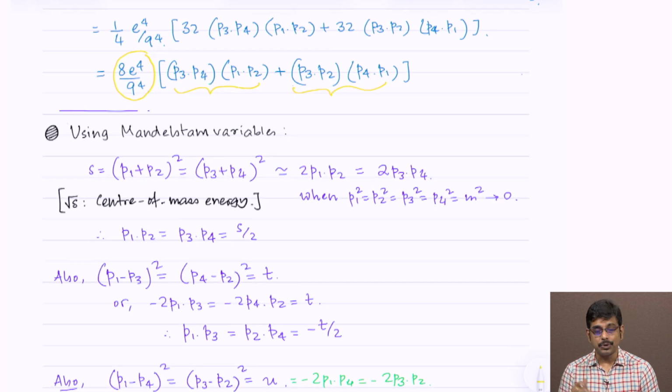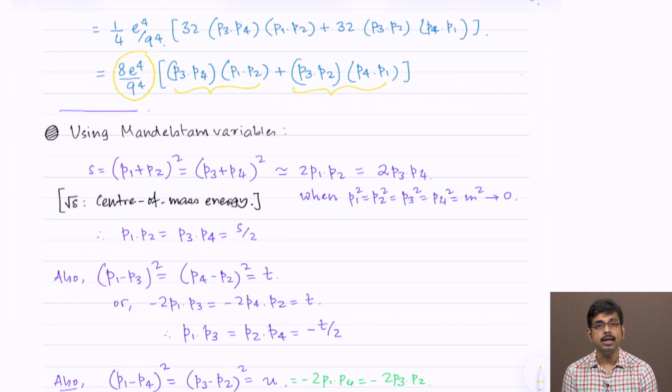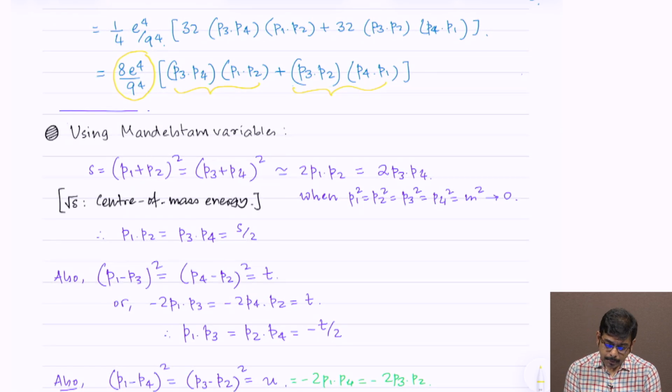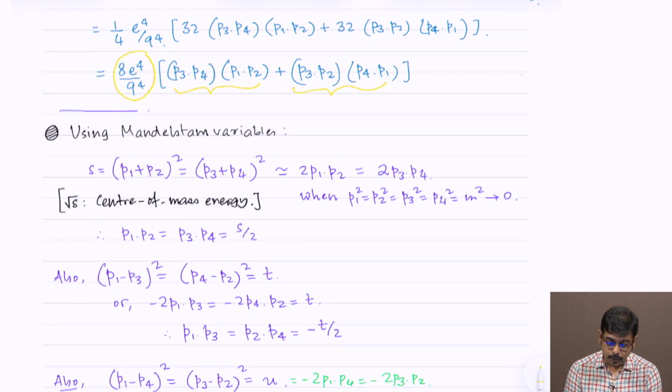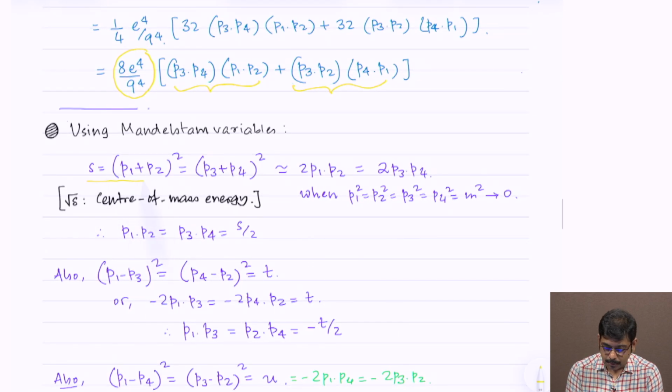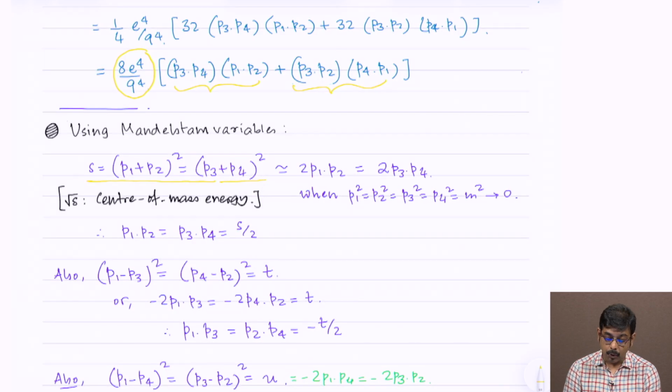Now let us use the Mandelstam variables which we introduced before. One of the Mandelstam variables is S, which is essentially defined by P1 plus P2 whole square is equal to P3 plus P4 whole square. Now if you do this P1 plus P2 whole square, this will give you P1 square plus P2 square plus 2 P1 dot P2. Now what is P1 square?